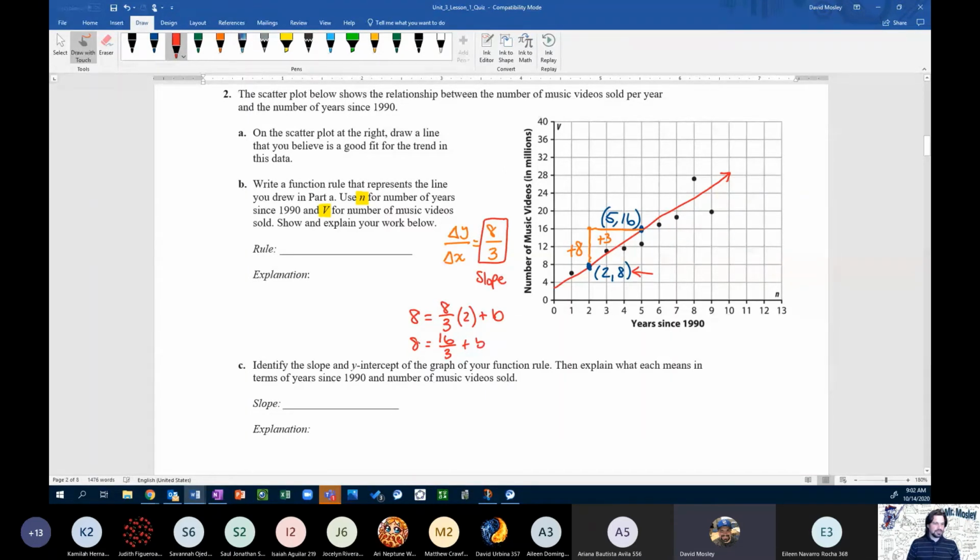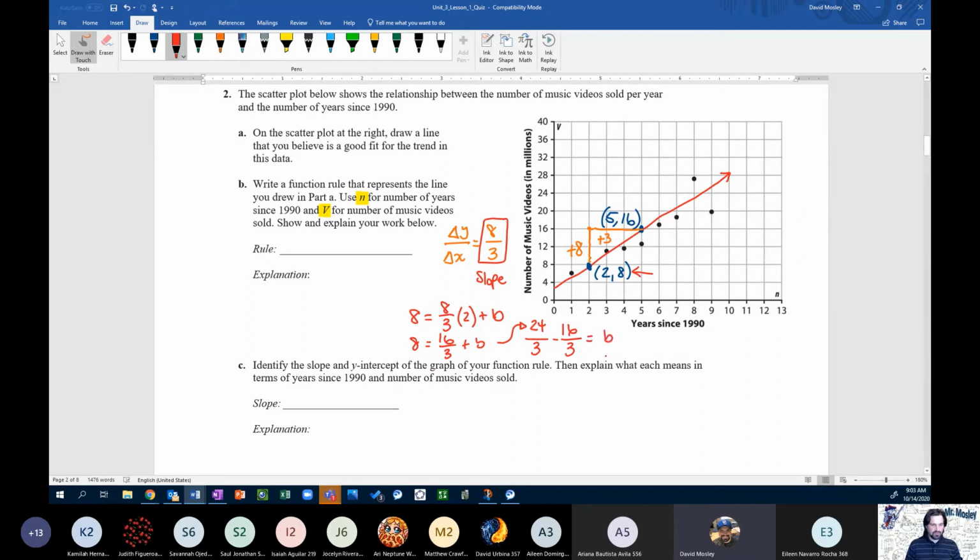And let's see. Sorry, I'm running out of room, so I'm moving over to the right here. I'm going to write 8 as a fraction over 3, and that's going to be 24/3. Subtract 16/3.